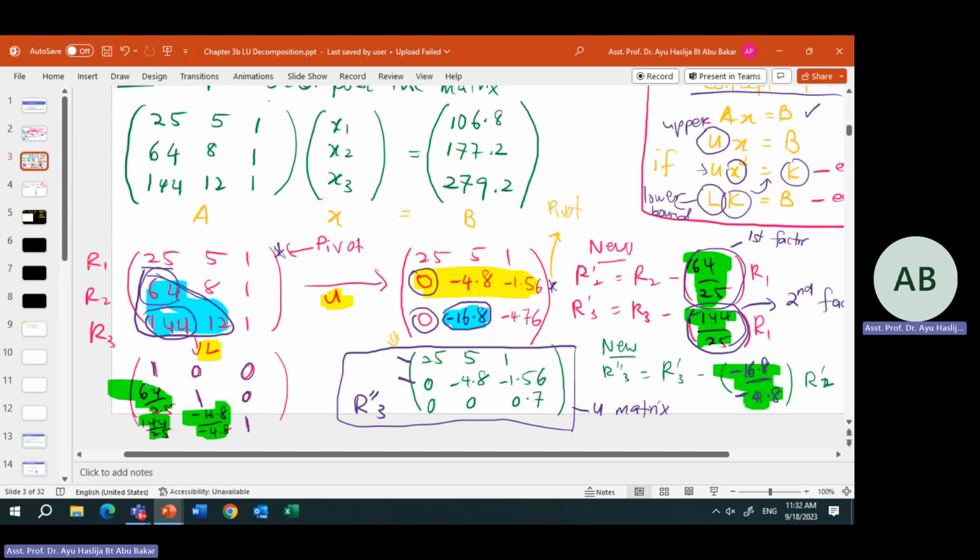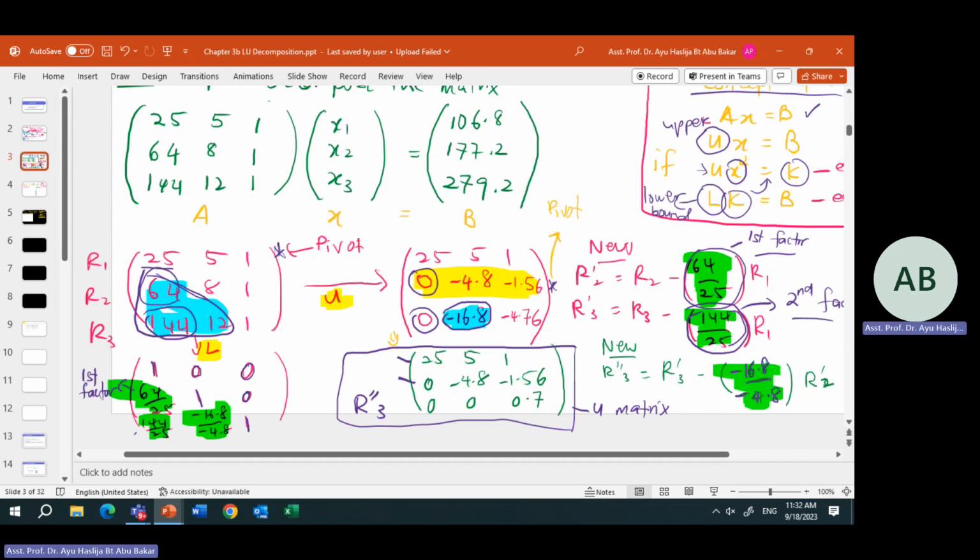Now we need the values for the bottom triangle. These values come from the factors just now. This is your first factor, where you found the factor to zero the 2, 1 position.